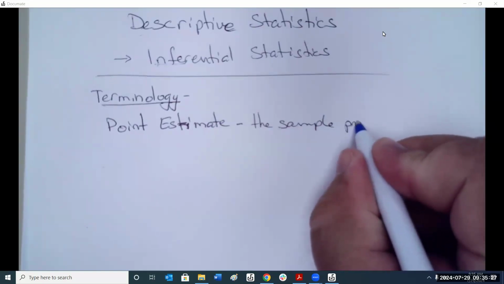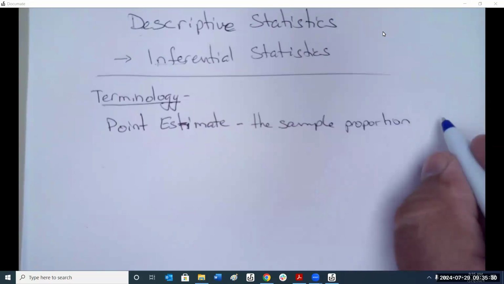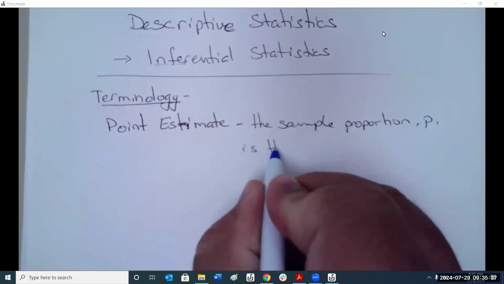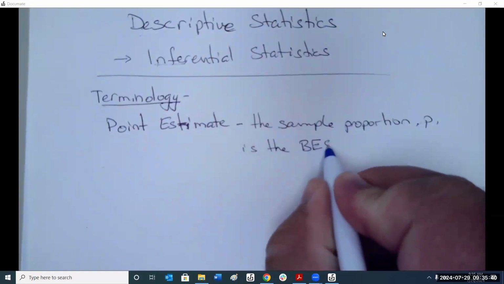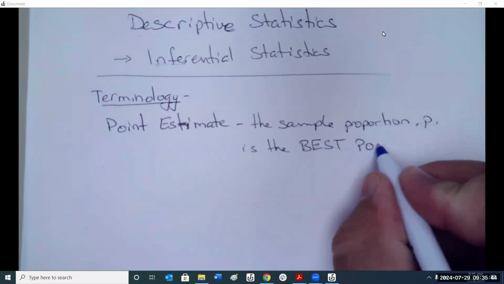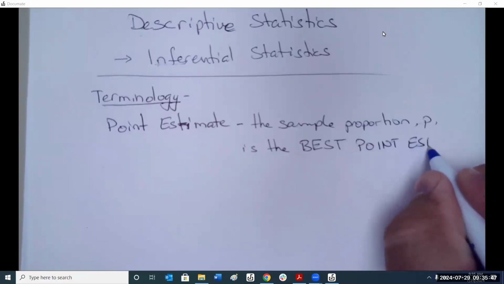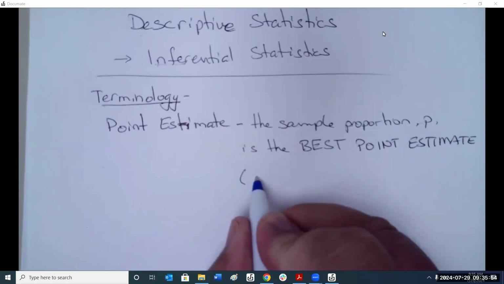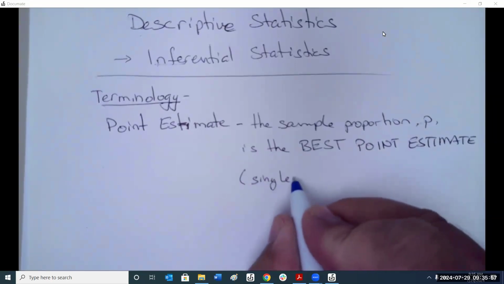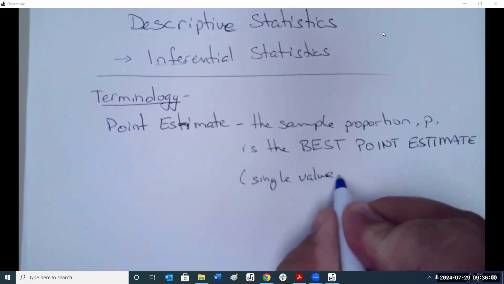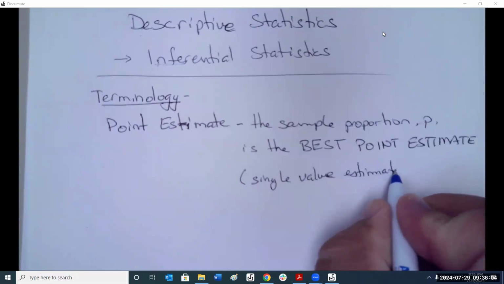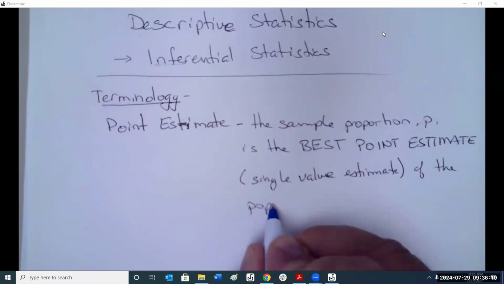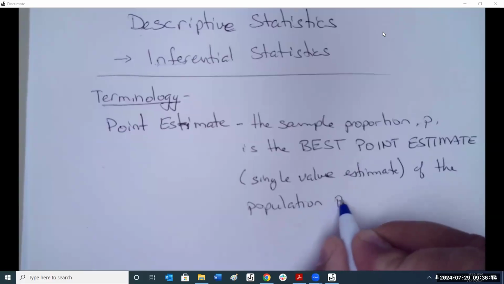the sample proportion, P hat, is the best point estimate, a single value estimate of the population proportion.